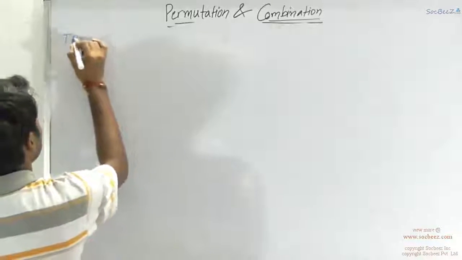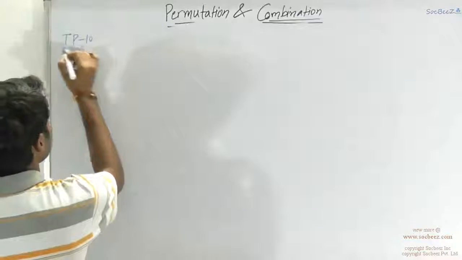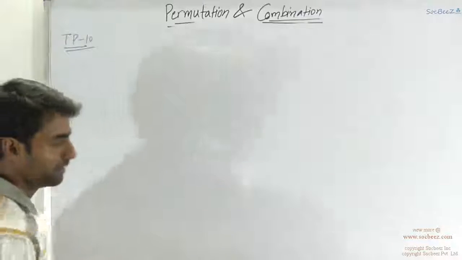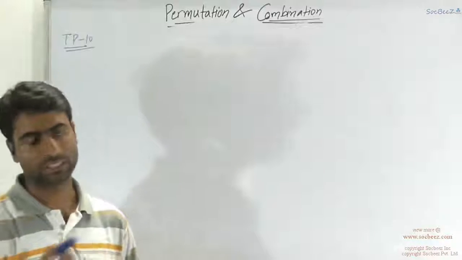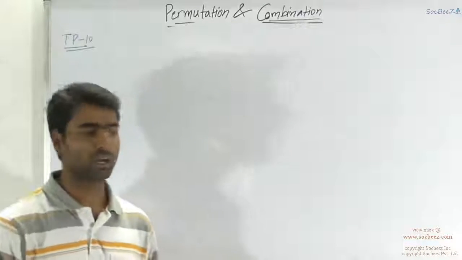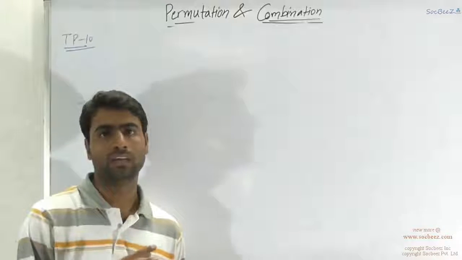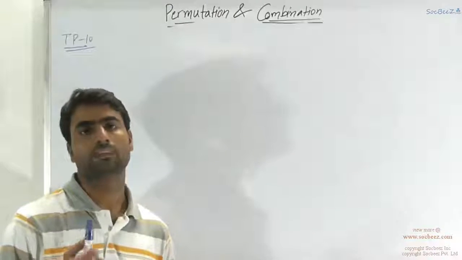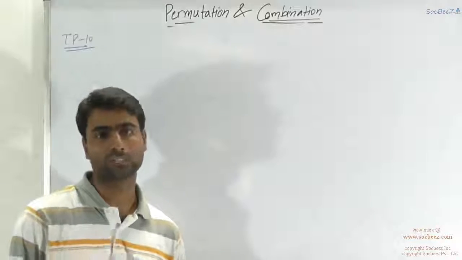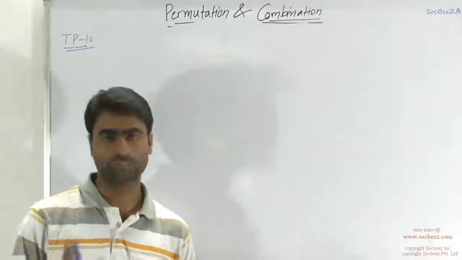So this is typical problem 10, that is, this is based on selecting one or more elements out of different cases of n elements. That is, you have different properties held by the n given object set, and you have to select at least one, or you can say one or more elements out of that set.